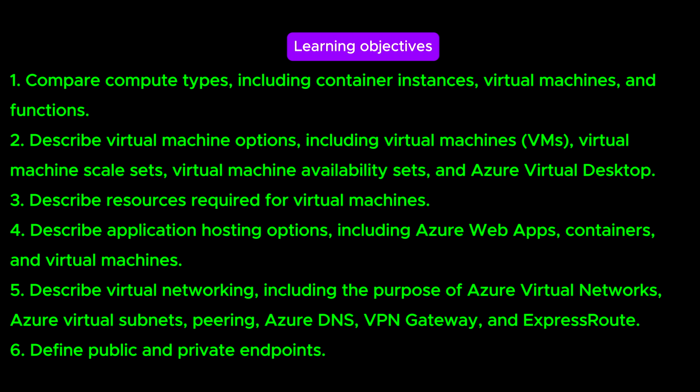Definitely, when we are going to utilize applications, containerization or any virtual machine, there will be a need for networking. So this session will also cover the purpose of Azure virtual networks, where you will be able to view virtual subnets, because every virtual private network must have a subnet.